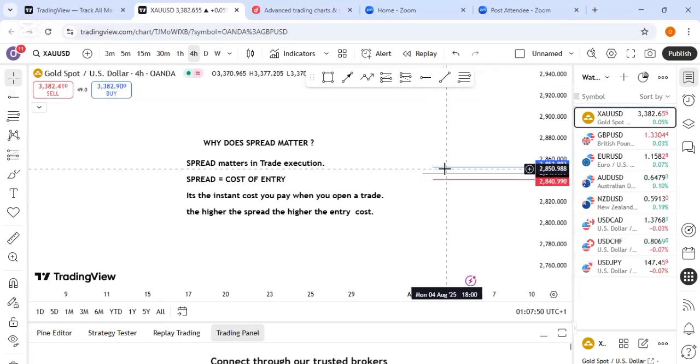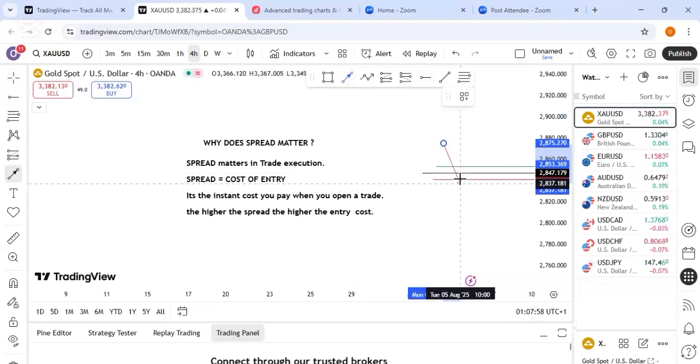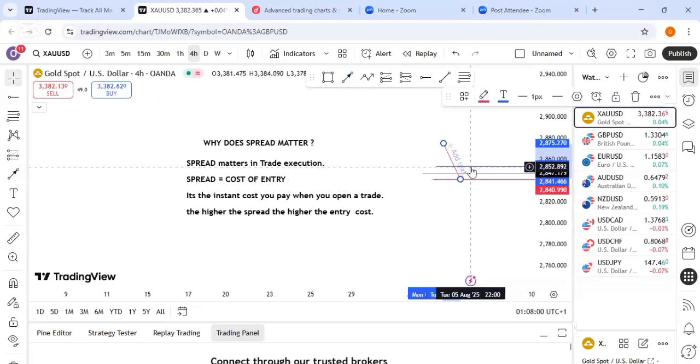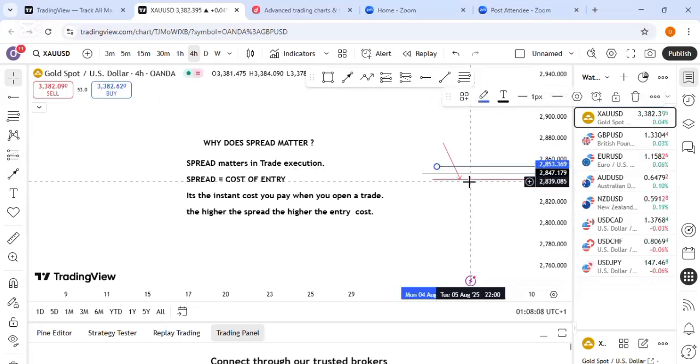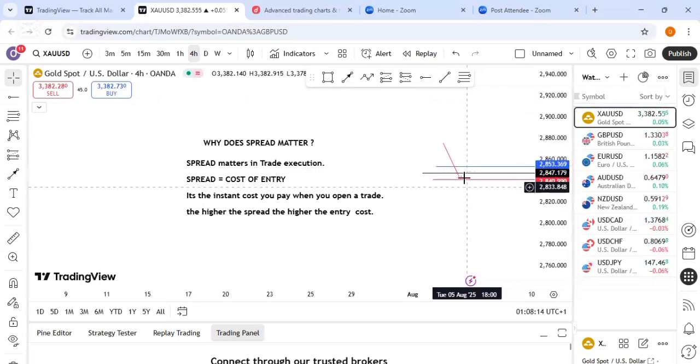You are expecting this particular price to come to your entry before you start moving on. But price is not coming down, it has not reached this particular level. The buying price, which is the asking price, has not reached your entry, and this particular order price has already crossed your entry. So this is actually a wider spread, and that means you are not going to get triggered in this particular trade.